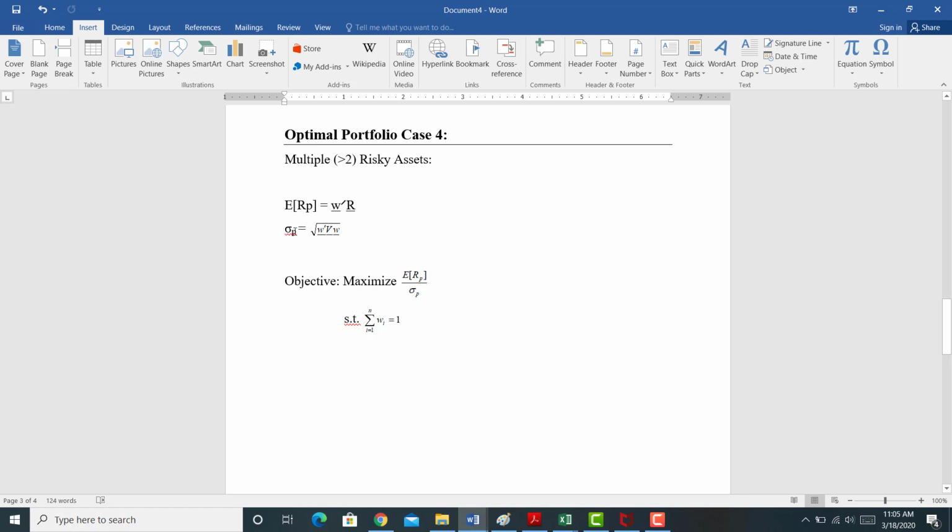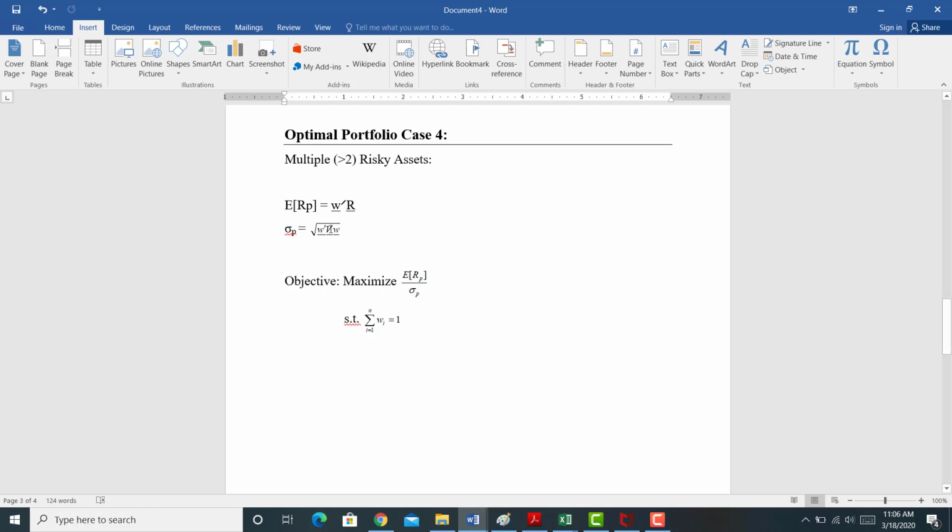Likewise, to calculate the standard deviation of the portfolio, I'm going to use the standard deviation instead of the variance just for simplicity. I take the square root of the transposed weight vector, a 1 by n vector, times an n by n matrix called the variance covariance matrix. This accounts for all of the variances of each of the individual assets in my portfolio, as well as all of the covariances of all of the individual pairs of assets.